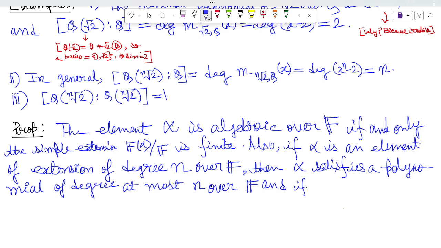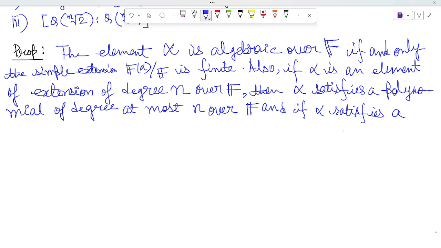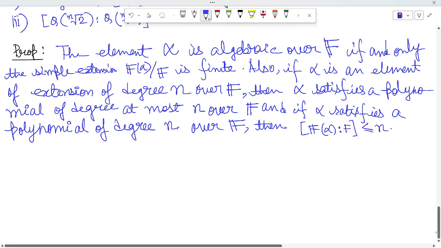And if alpha satisfies a polynomial in F, then I can say the degree is less than or equal to n.